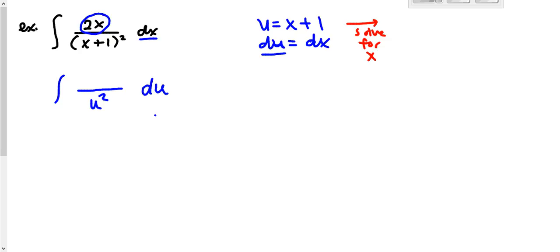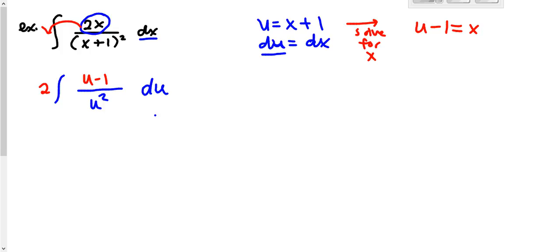We would subtract 1 over and get u minus 1 equals x. So on the top, we would get u minus 1. And then I'm going to move the 2 out front. So now everything is in terms of u.